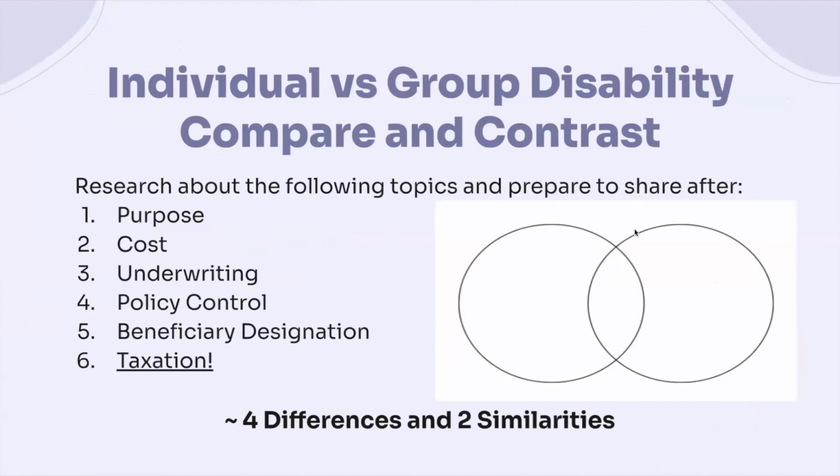So just think about whenever we have a group policy, no matter if it's health or life, what are some differences and similarities compared to individual? Take a moment to think about this, and I'll share my answers as well. Again, focus on the purpose, the cost, the underwriting, policy control, beneficiary designation, and taxation. Taxation is also very important.